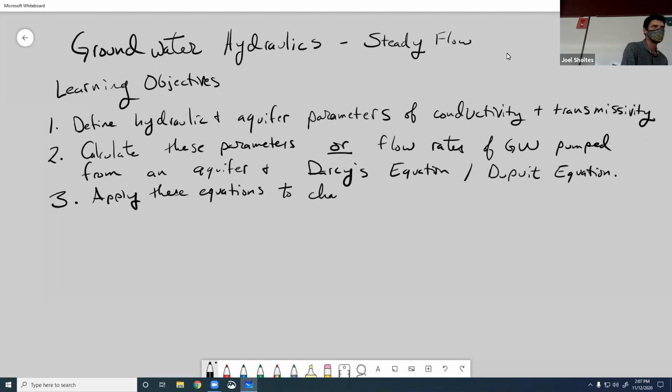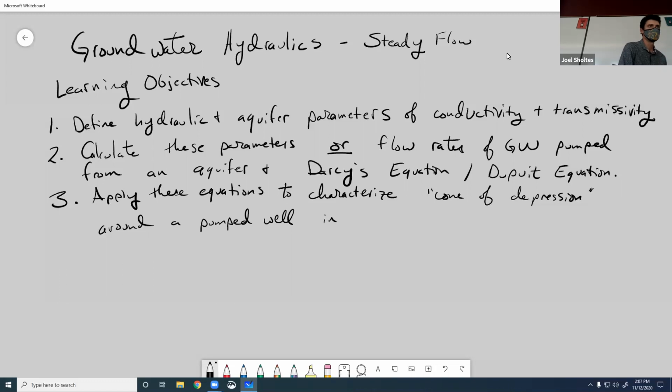And then we're going to apply these equations to characterize what's known as the cone of depression around a pumped well, so where we're withdrawing water from a well, in a confined and unconfined aquifer.